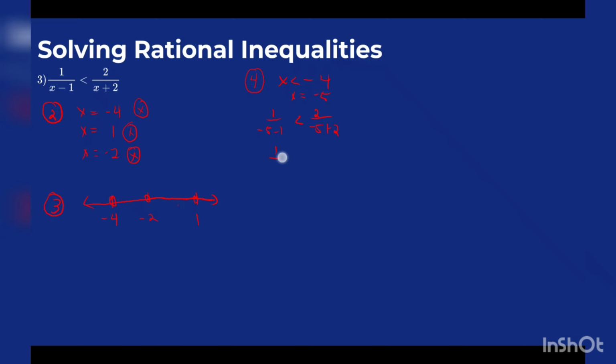So this is 1 over -6 is less than 2 over negative 3. 1 over -6 in decimal form is negative 0.17. Well, 2 over negative 3 is negative 0.66. So this is not true. So that means the first interval is not part of the solution.